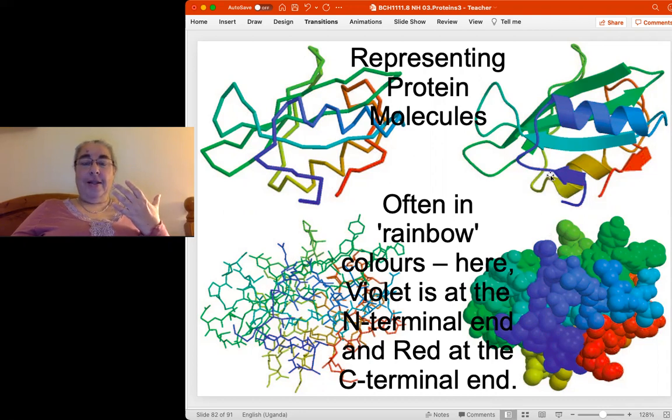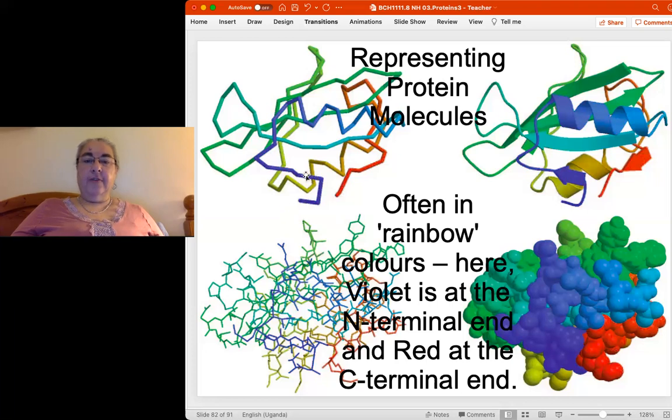Okay, they are used to represent the polypeptide chain moving from the N-terminal end. Remember, we always read protein sequences from the N-terminal, amino terminal, to the C-terminal, the carboxyl terminal. So here, the violet is at the N-terminal end and the red is at the C-terminal end.